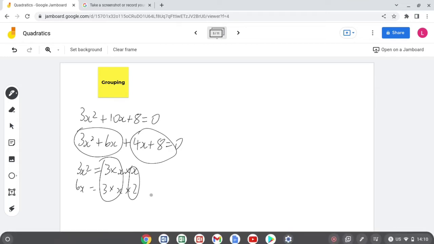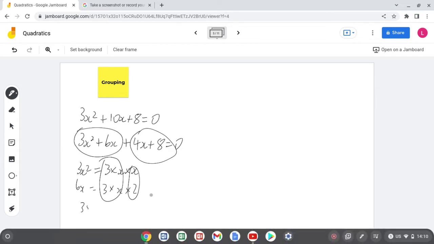So if we look at 3x squared plus 6x equals, we factorize out 3 times x, which is 3x. And so 3x squared over 3x, we cancel out, equals x, right? So 3x times x plus 2. So that's 3x squared plus 6x.